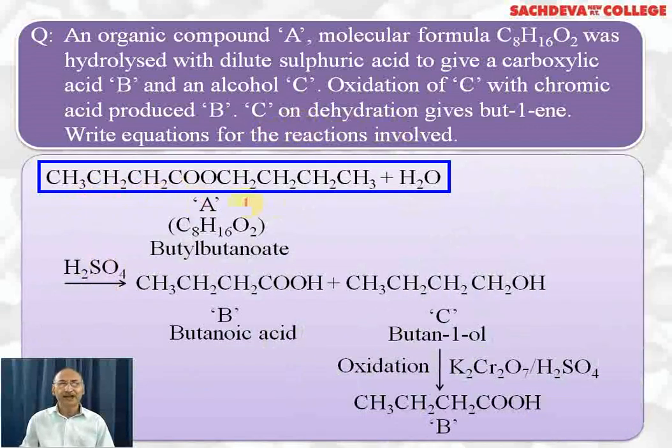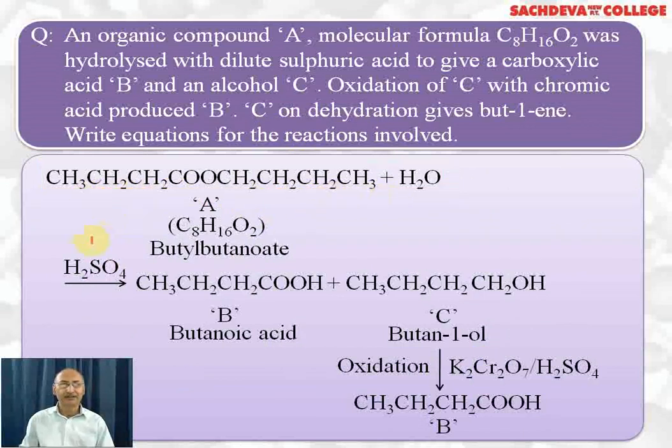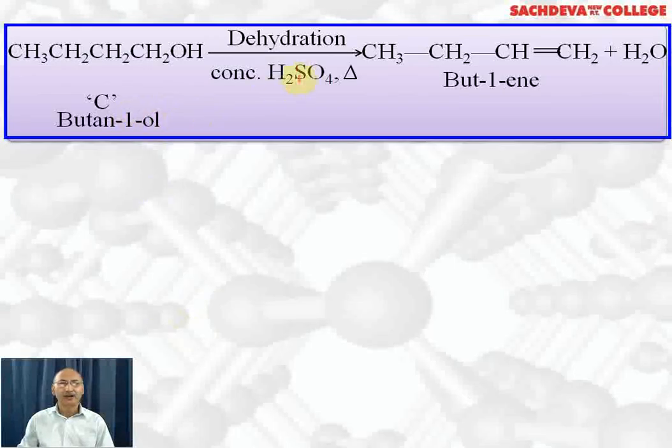So we have identified butyl butanoate as the ester, which on hydrolysis in the presence of sulfuric acid gives butanoic acid, which is B, and alcohol C, butan-1-ol. Butan-1-ol on oxidation with K2Cr2O7 and concentrated sulfuric acid gives butanoic acid, which is B. And butan-1-ol on dehydration with concentrated sulfuric acid gives but-1-ene. So that confirms the given ester and the products formed.